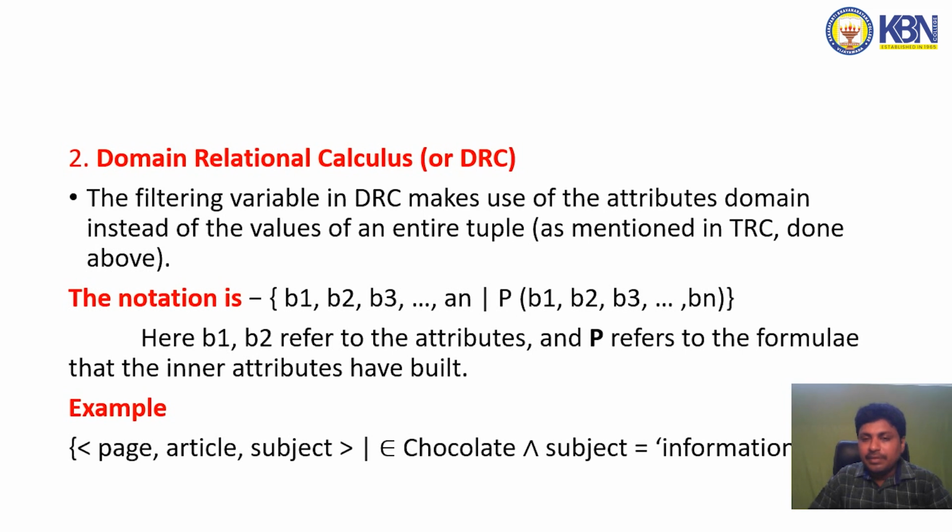Next we have P, which determines the formula built from the attributes. B1, B2 are the attributes. Suppose we have a relation with attributes such as page, article, subject, and we mention the information; that is the domain relational calculus.